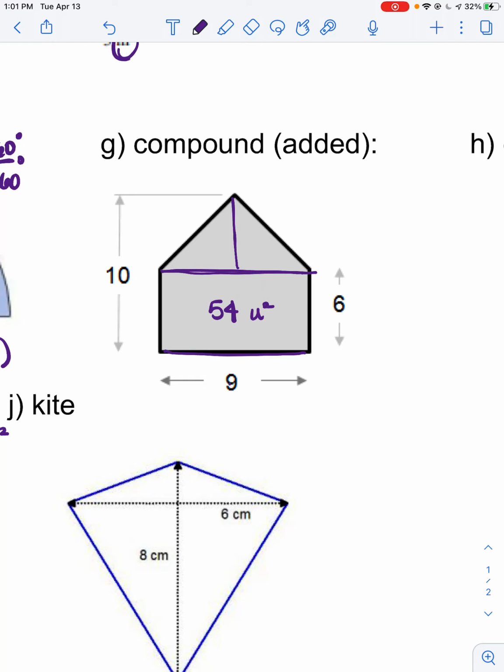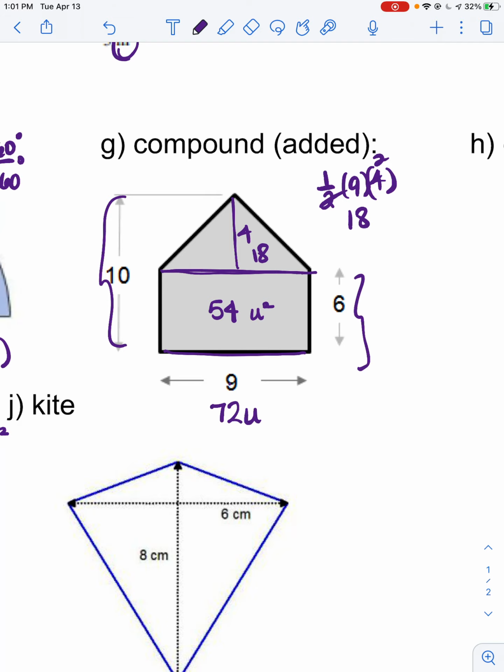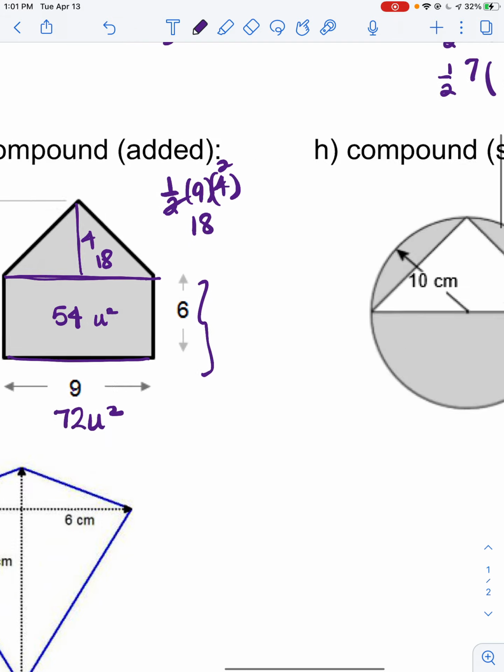Well, to find the height, I have to take the 10 minus the 6. 10 minus 6 is 4, so this is just 1/2 base times height. So 9 times 2 is 18. That's 18 units squared. So if I add my 54 to my 18, I come up with 72 units squared, showing that I can add those areas together.